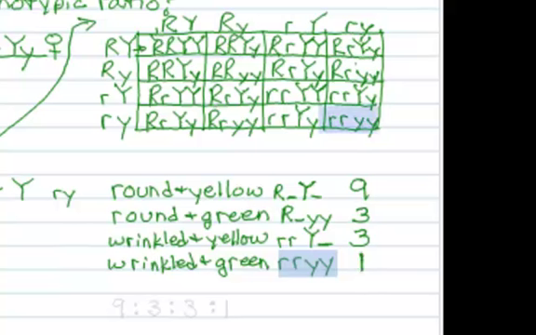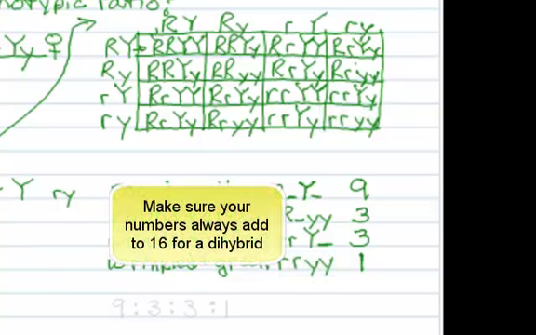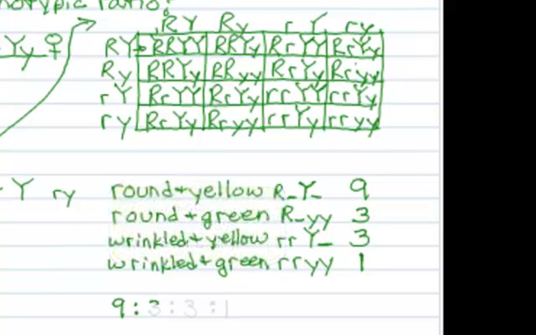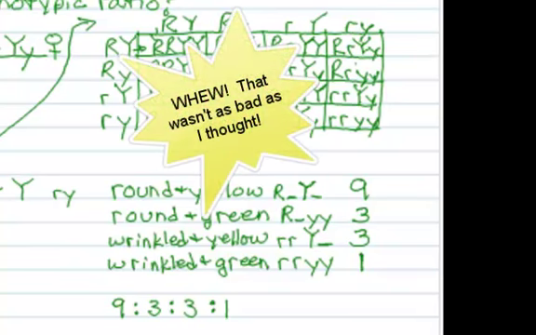Now if you add these up, 9 plus 3 plus 3 plus 1 makes 16, and there's 16 blocks up here, so you know you've counted them all. And this is how you get your 9 to 3 to 3 to 1 ratio in a dihybrid cross.